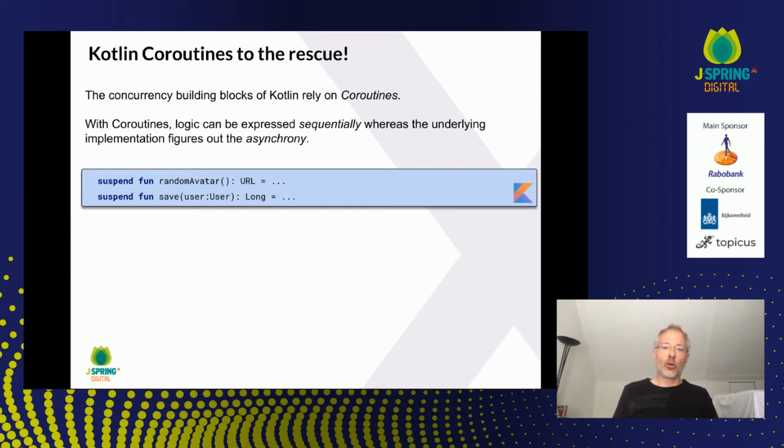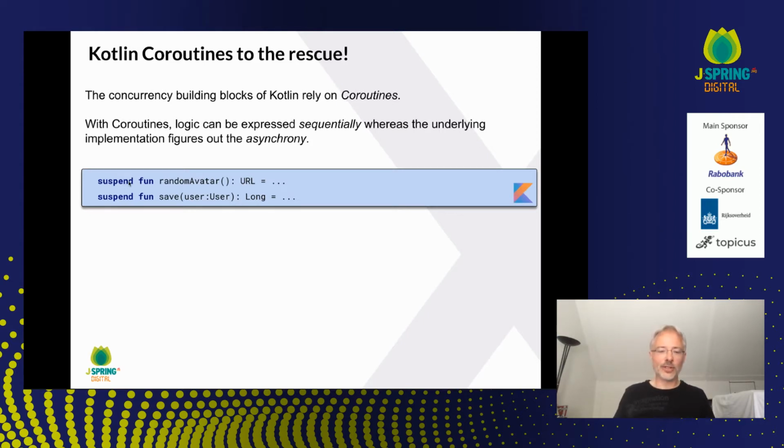Coroutines are the core building blocks of Kotlin concurrency. And the beautiful thing about them is that you can express logic sequentially, as you're used to from your blocking sequential programming, and the compiler generates code which figures out all this asynchronous stuff. So the example we just had before with coroutines looks as follows. We have these very same methods, no additional abstraction involved. Of course, we have this fancy keyword here.